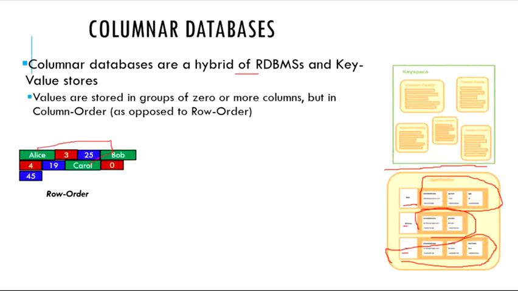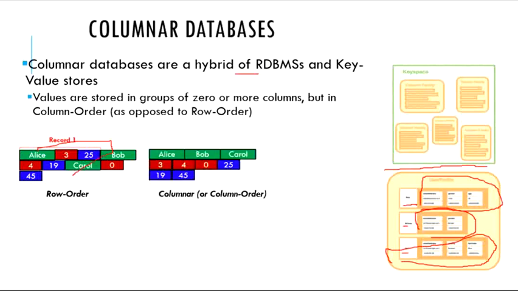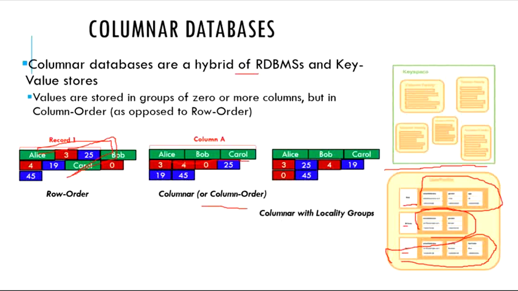So if I was to access all of the names in the row order, I'll have to read all 3 rows, but in column order, I'll have to only read the first row, and it would have all of the values over here. So in column order, the sorting or the arrangement is based on columns instead of rows.